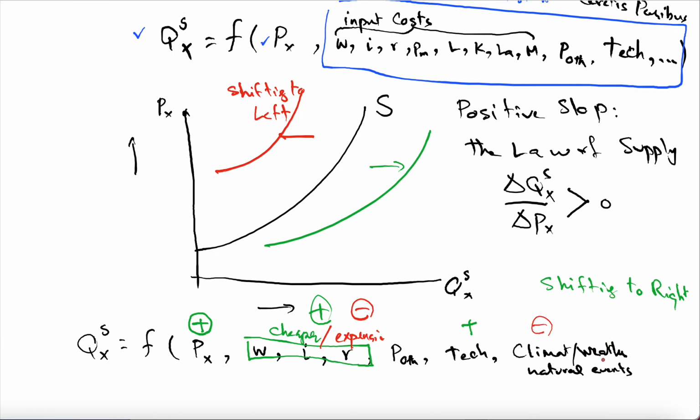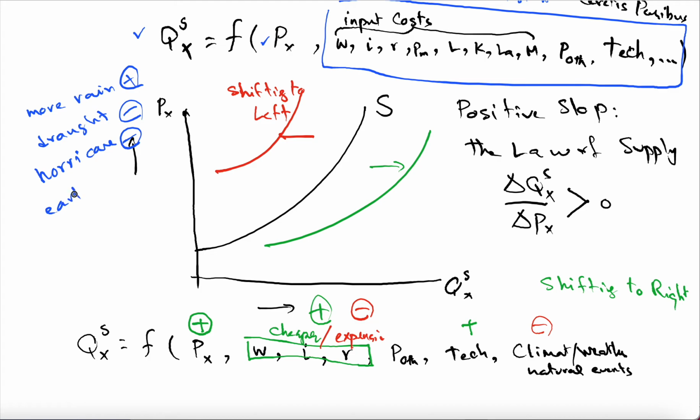With the weather, again related to the climate, for example, if we have more rain, it's going to be positive. If we have drought, it's going to be negative. If we have a natural disaster like Hurricane Katrina, you may remember it damaged a lot, it's negative.